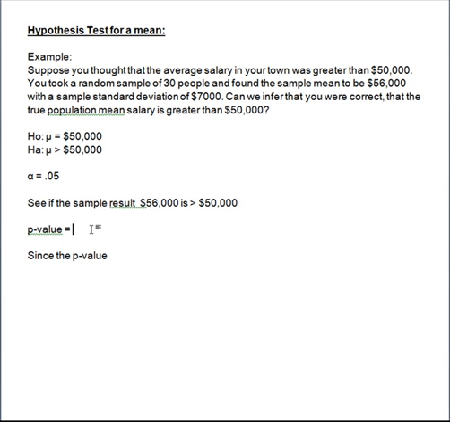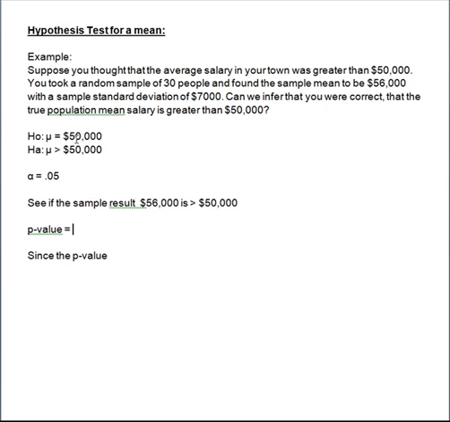If it was less than 50,000, then we could not possibly infer it, and it wouldn't be up to a p-value. Now, why do we even have to calculate a p-value? 56,000 is greater than 50,000. How come we don't automatically just infer the alternative? It's a key question. The answer is that sample results vary, and it is conceivable that we get a sample result of 56,000 even though the true population mean is 50,000. So we have to see how unlikely the 56,000 is if in fact the 50,000 is true.